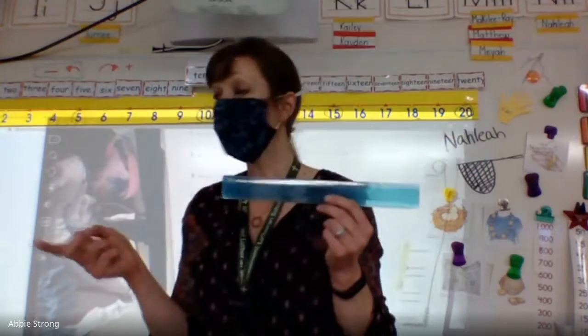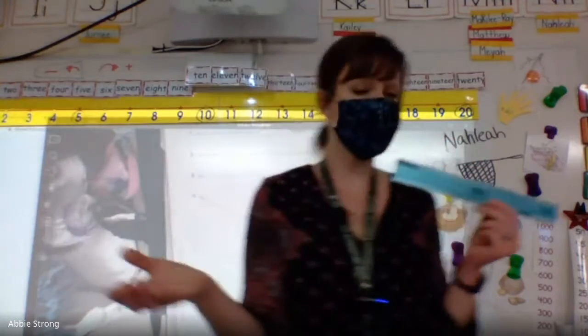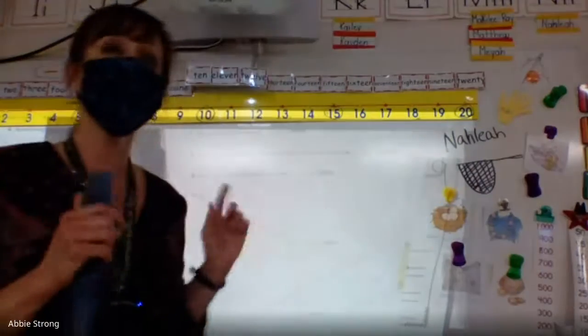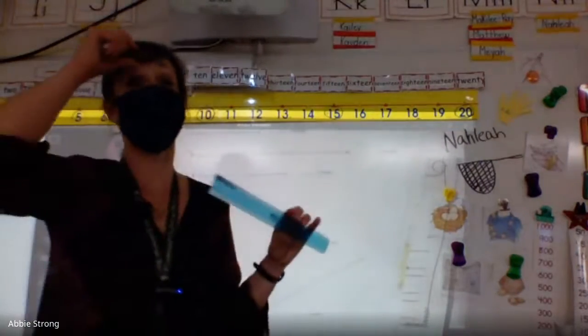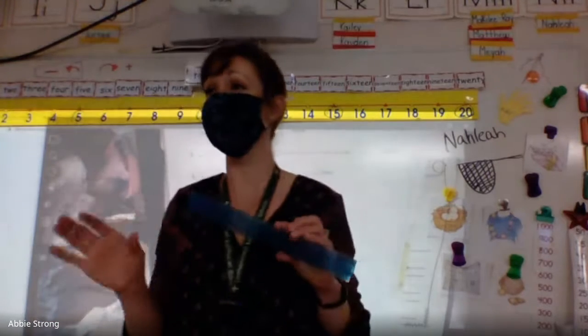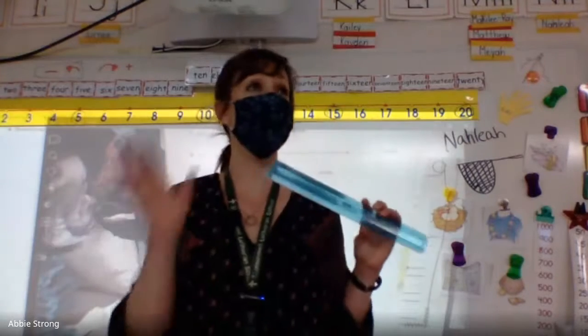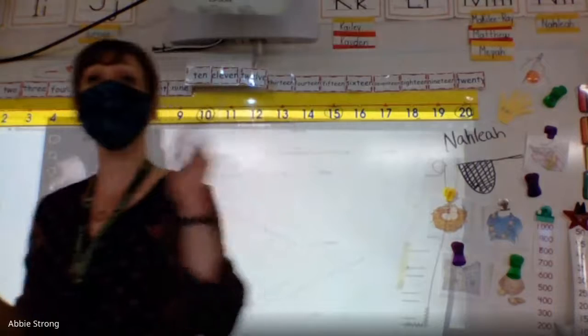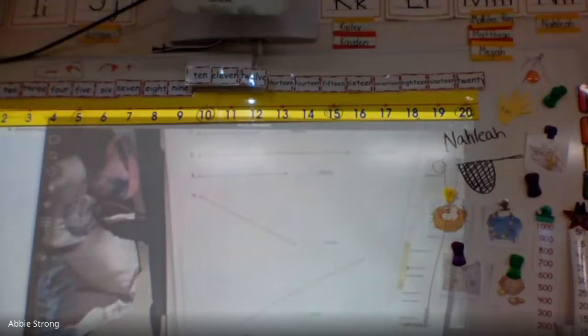So in your packet at home or here at school, you have this paper. Now, when we measure things, Leah, we have to measure it in a precise way. We have to measure it the same way so that our measurements are accurate. They're right. So I want you to look up here. Your pencils are parked. Your rulers are parked.